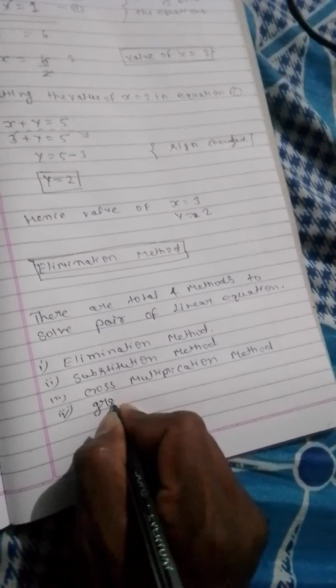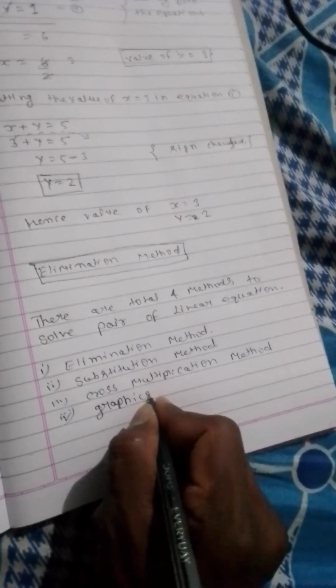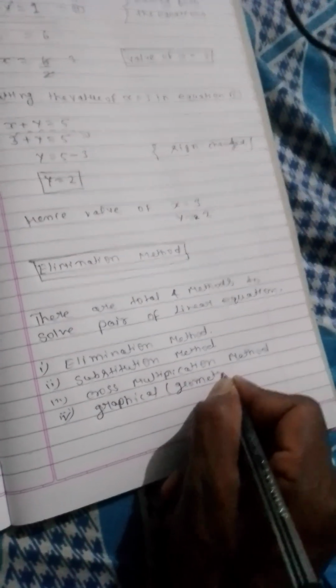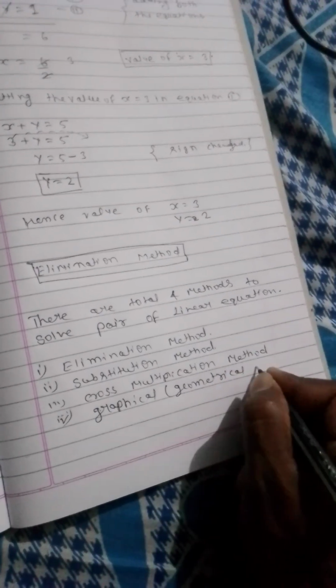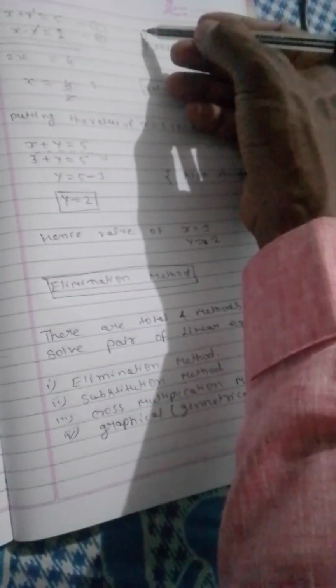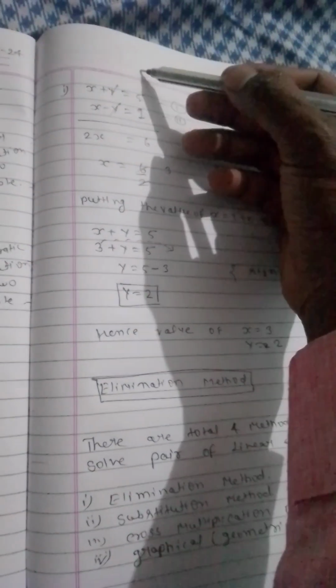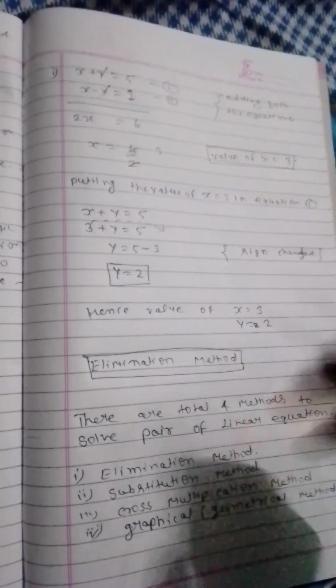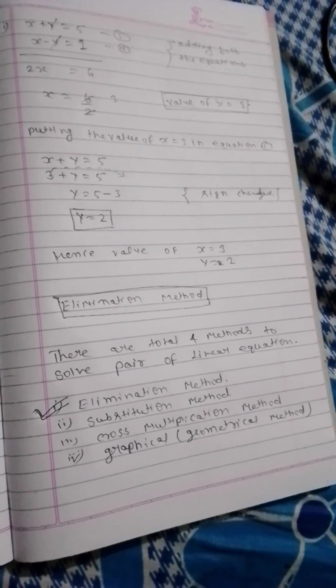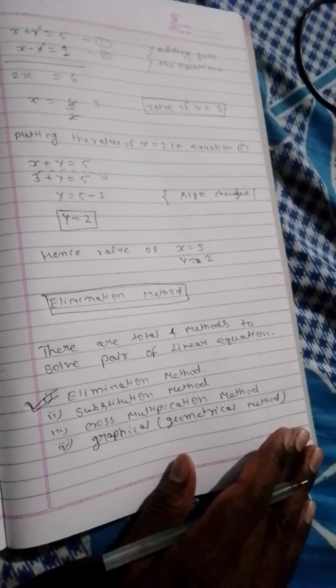I will write graphical method, geometrical method. Fine. So this pair of equation was solved by the first method, elimination method, which is very easy.